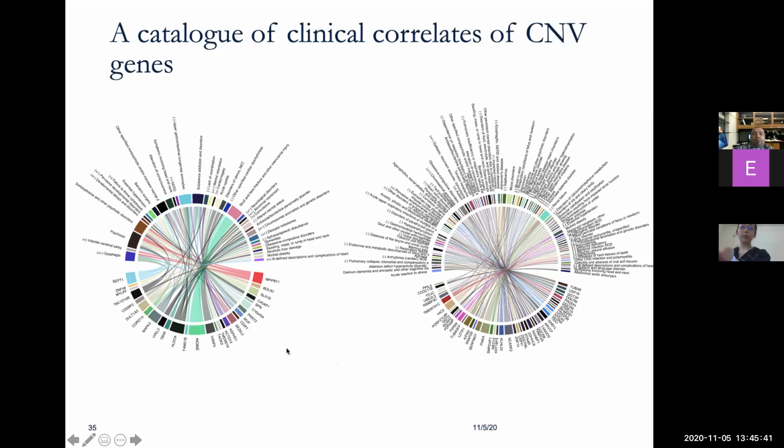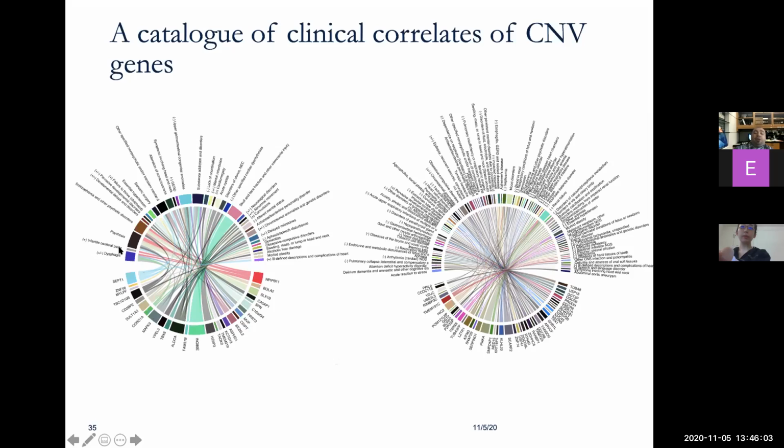So for example, on the left, and I know this font is a little bit small, the first trait on the left is dysphagia, which was overrepresented in both deletions and duplications. And we found traits that are associated with these.